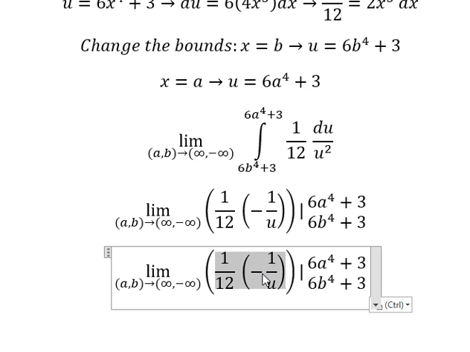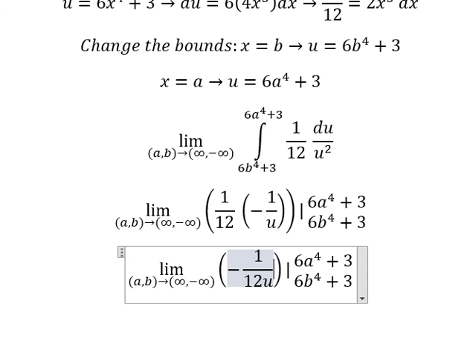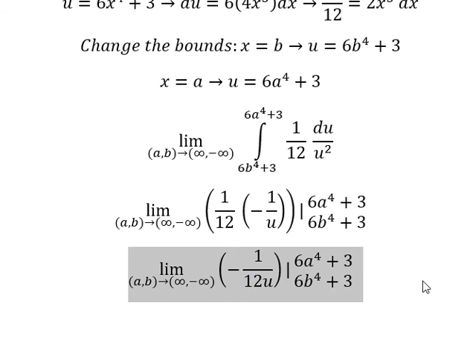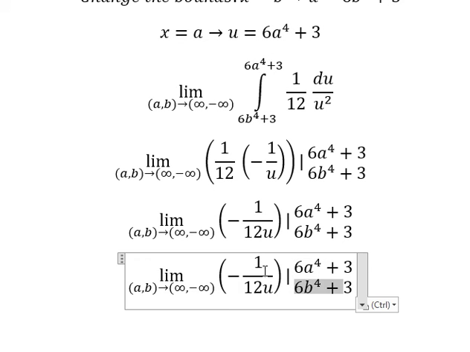So this one is negative 1 over 12u. So I will put this one and this one in here.